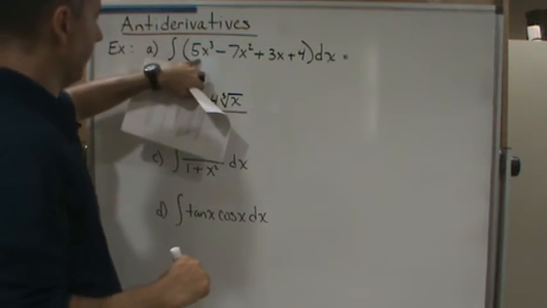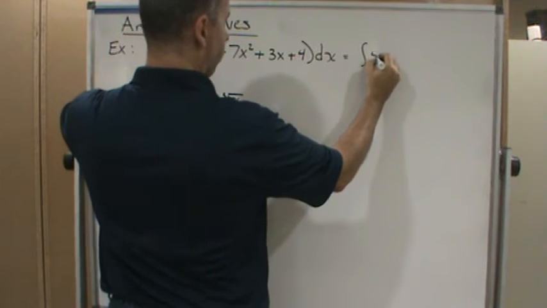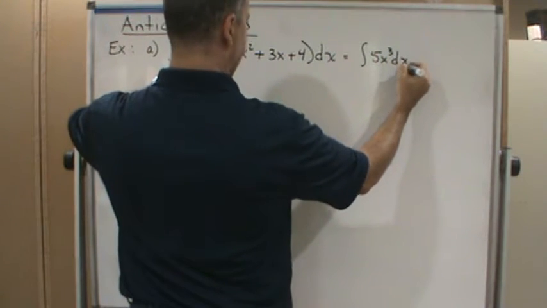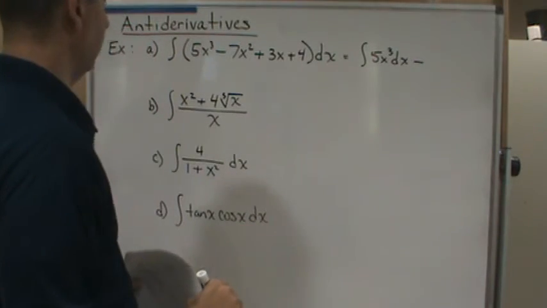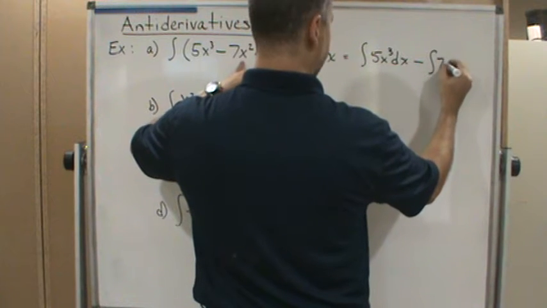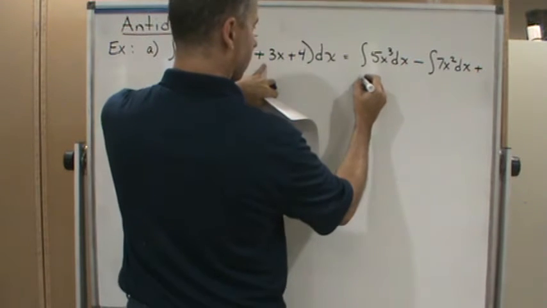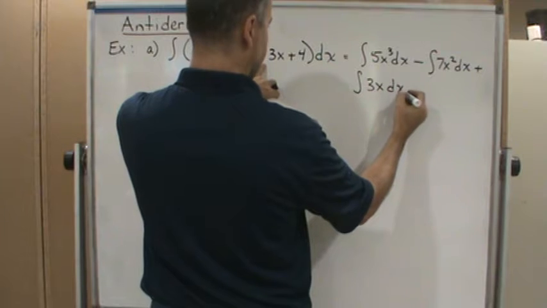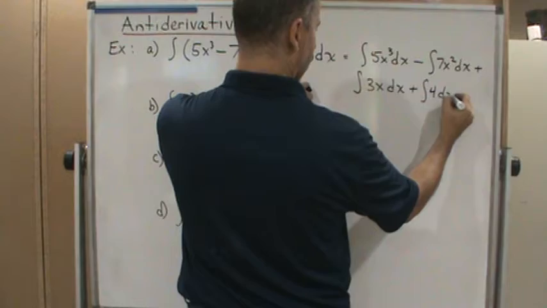I can find the integral of 5x cubed dx minus the integral of 7x squared dx plus the integral of 3x dx plus the integral of 4 dx, right?